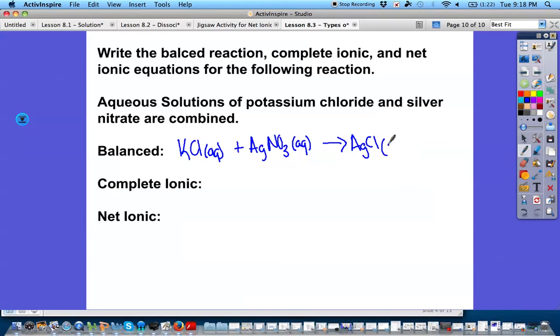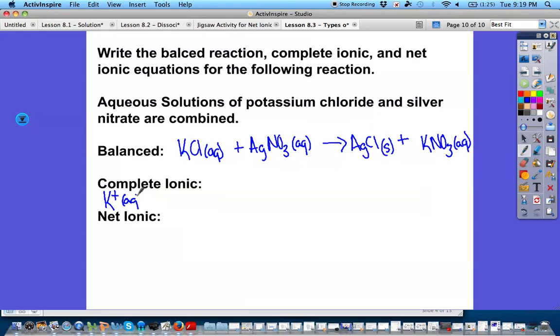Silver is one of the exceptions for chloride, so it is solid. And then we're going to have potassium nitrate, which is aqueous. Remember to use your solubility rules on the back of your periodic table in order to determine the solubility of your products. So now we need to split it into the ions for our complete ionic equation.